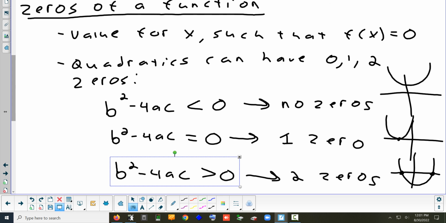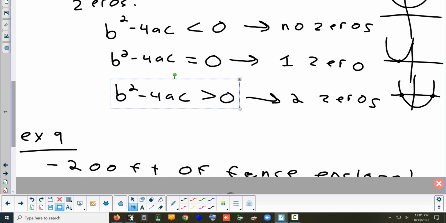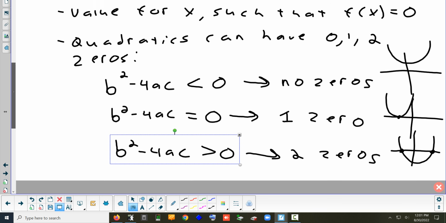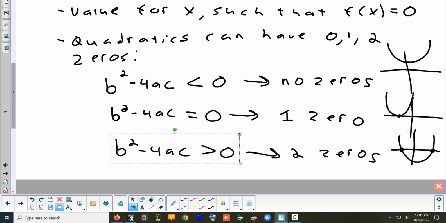Oh, okay. Specifically for quadratics. That's all it's for. Right, so that pretty much summarizes what we're going to be doing with quadratics for now.